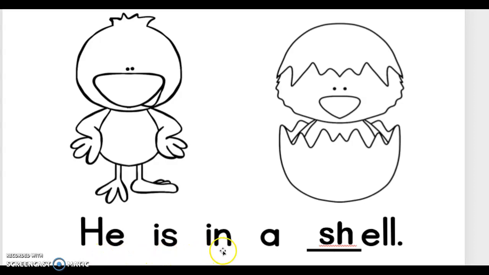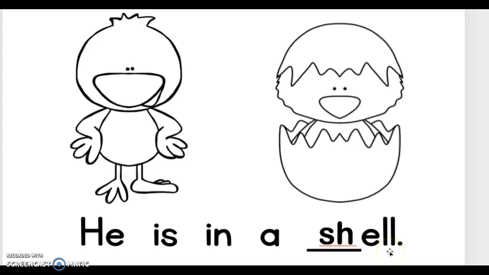He is in a... So this word, I'm going to look at it and I see the beginning digraph is SH. That says sh. We see one vowel, which is the vowel E, and since it's only one vowel, it would make the short sound. Eh. So sh, eh.